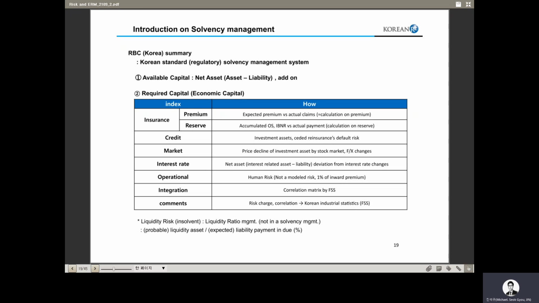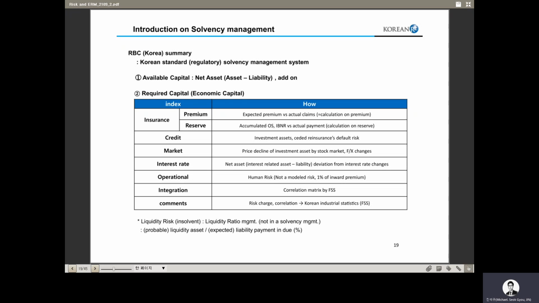One thing I want to comment on is risk charge and correlation effect. All of those are given by regulators, and the regulators are using Korean industrial statistics over 10 years. Another thing to add is liquidity.